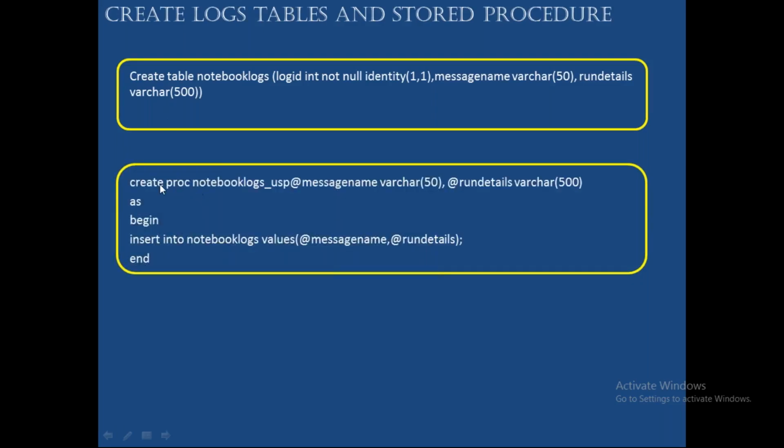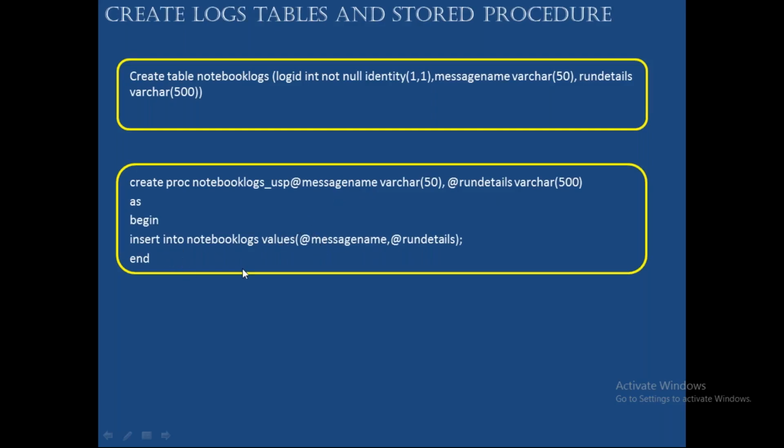Now you just see here. So this is the stored procedure. Create proc. This is the stored procedure name. This stored procedure is going to take two inputs. One is message name, meaning whatever output I got from my Databricks notebook. Next, run details, that is nothing but a URL. My Databricks notebook output and URL, both I am going to pass to this particular table.